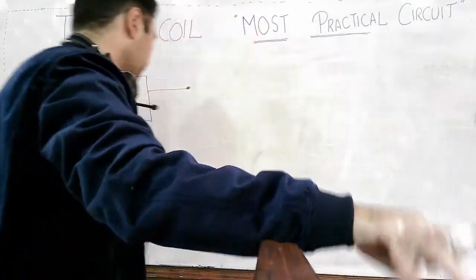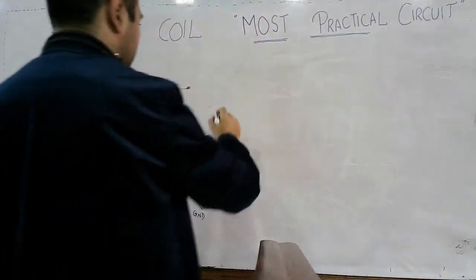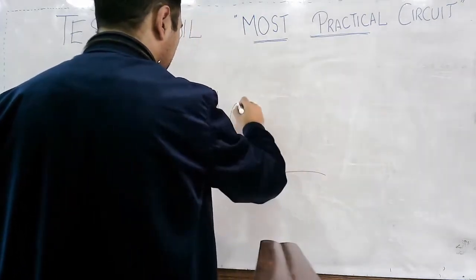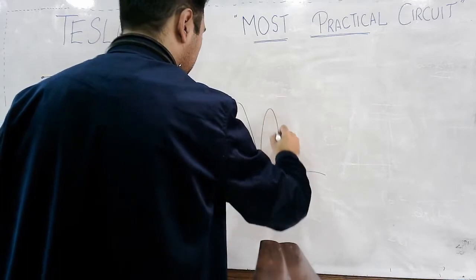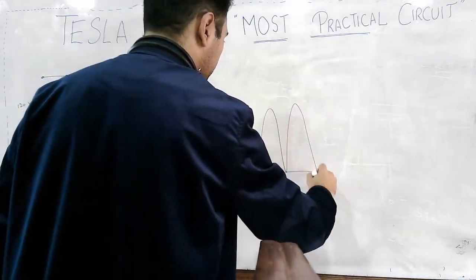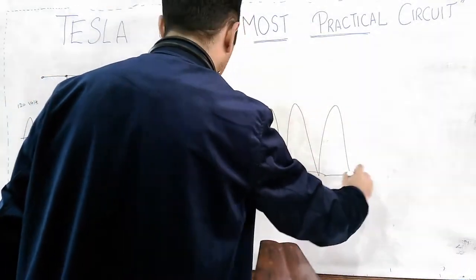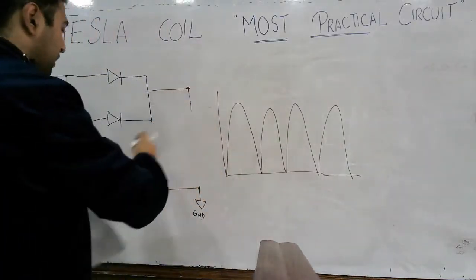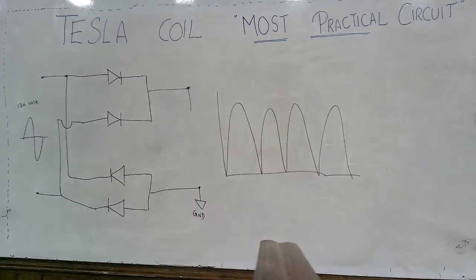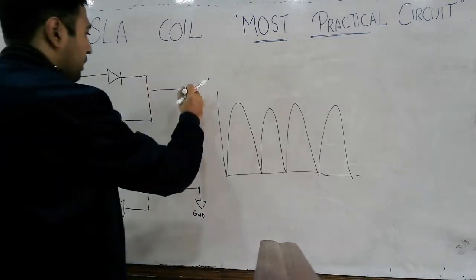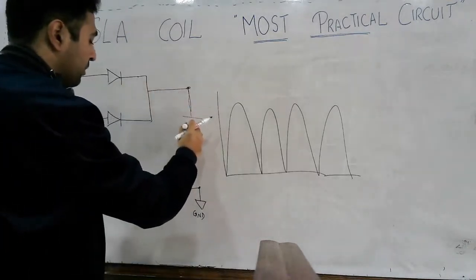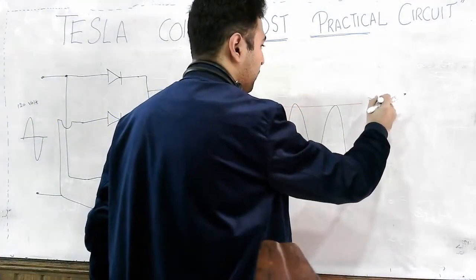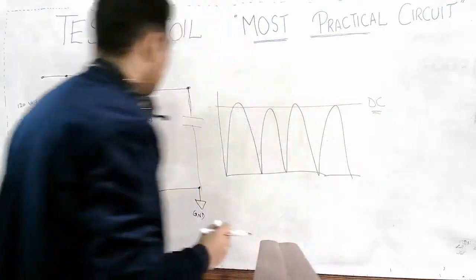Okay, so the waveform which we obtain here is in the form of a rippling DC. You have such a type of waveform. You have the bumps like those, and if we add the capacitor here, also known as the smoothing capacitor or the filter capacitor, the output becomes like this rectified DC.